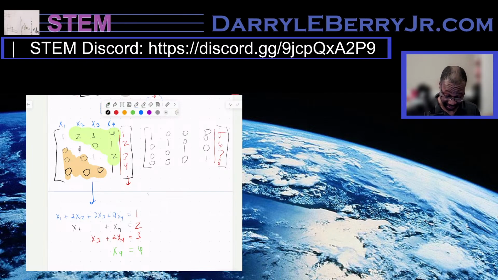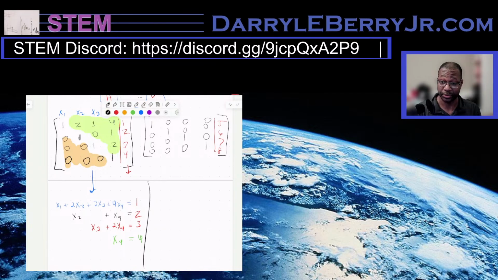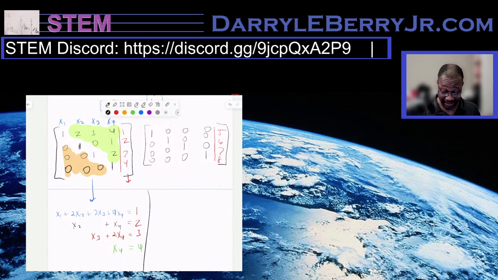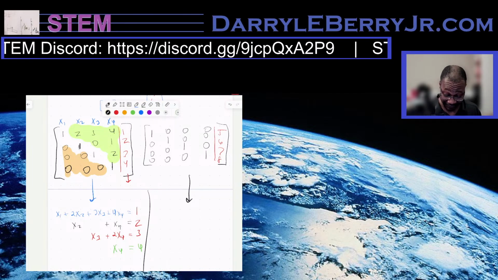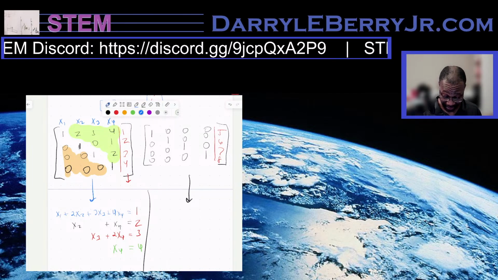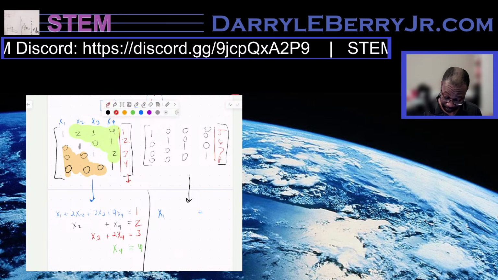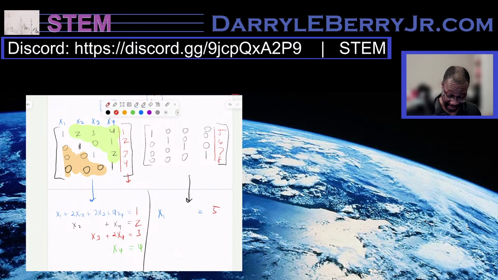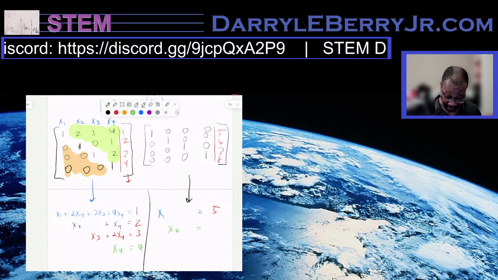Now, this is the echelon form. The reduced echelon form is called that because if I do this with the reduced echelon side, all I have is just that one variable. So I have x1 equals 5. I have x2 equals 6.